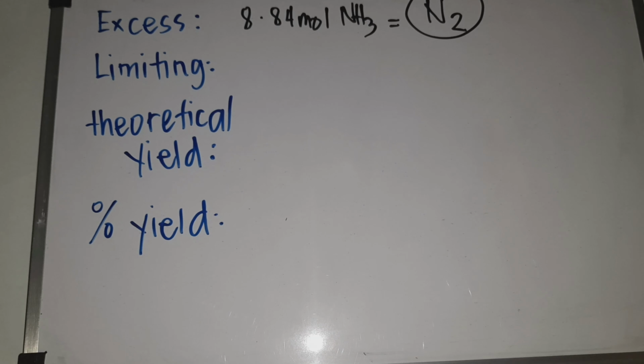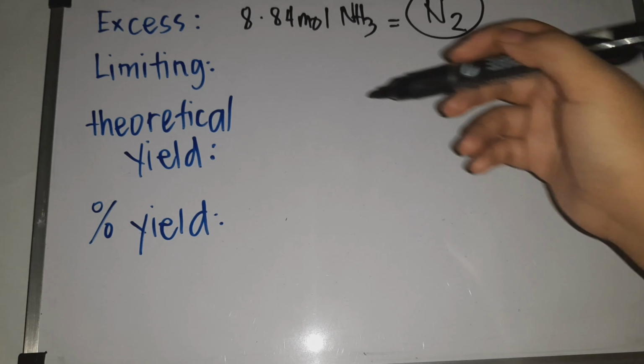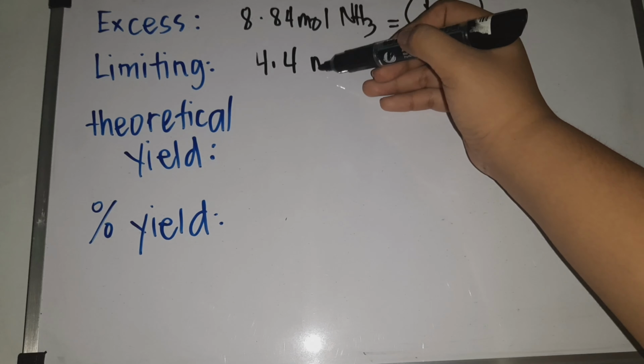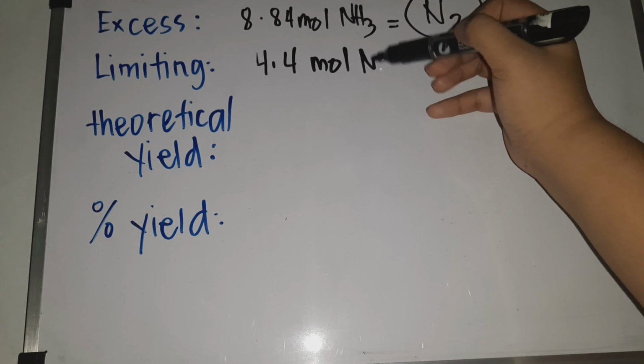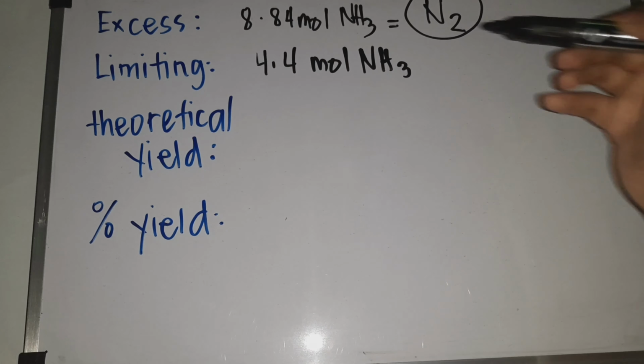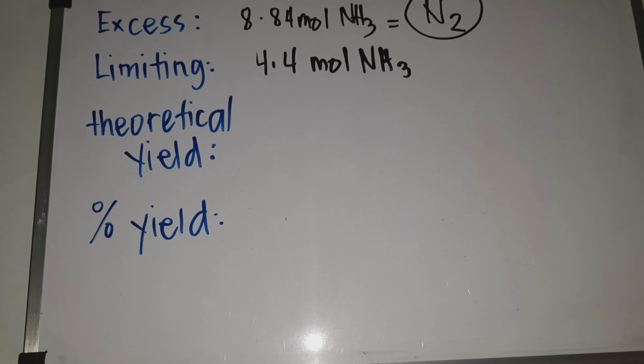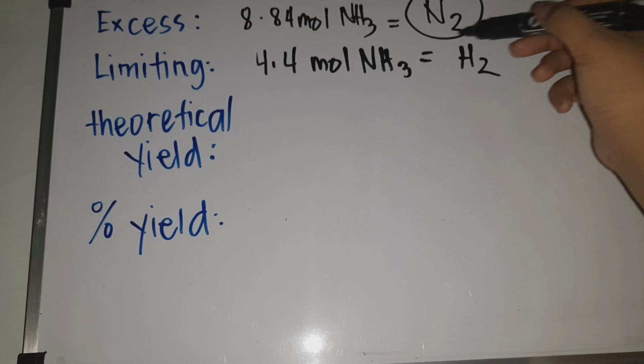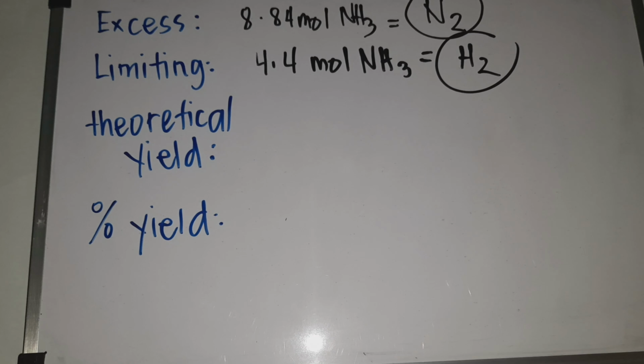Next one is the limiting. In solving, we come up with 4.4 mole of NH3 that can be produced using the H2. So our limiting reagent is H2.